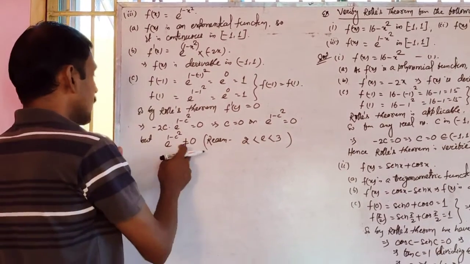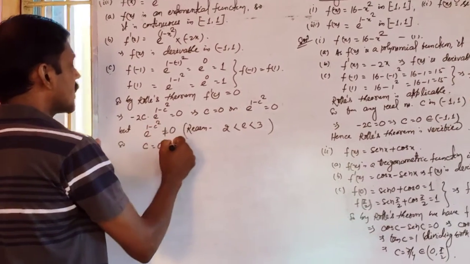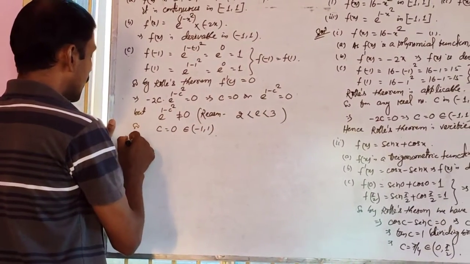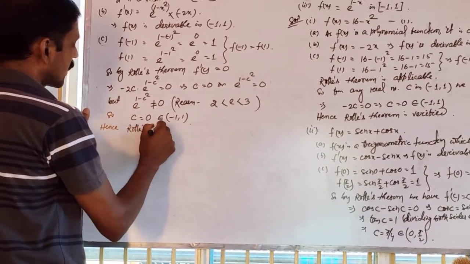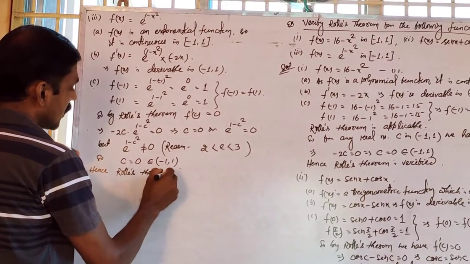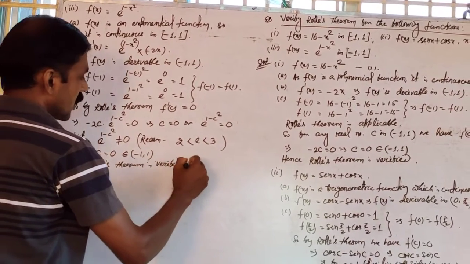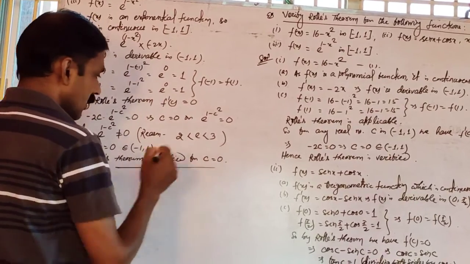So that's why this cannot be equal to 0. So the only possibility is c equal to 0, and 0 lies between minus 1 and 1. So again we write, hence Rolle's theorem is verified for c equal to 0.